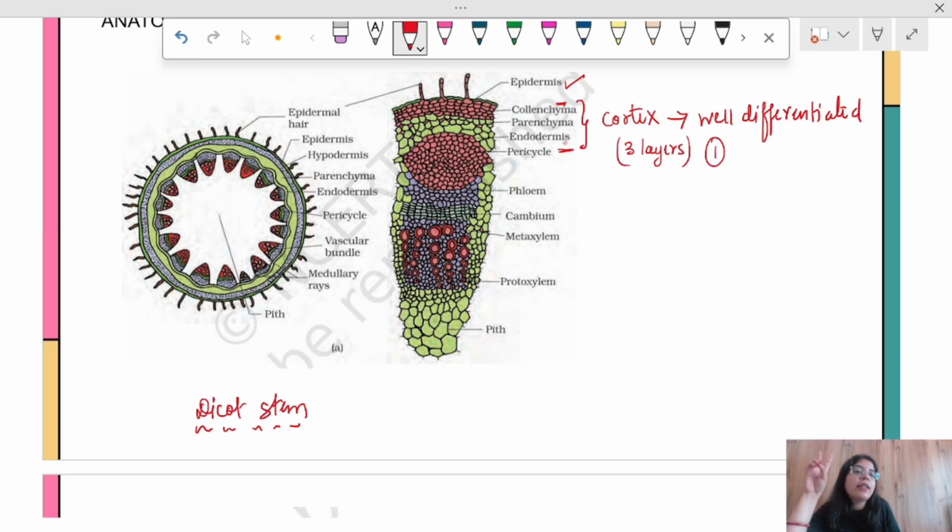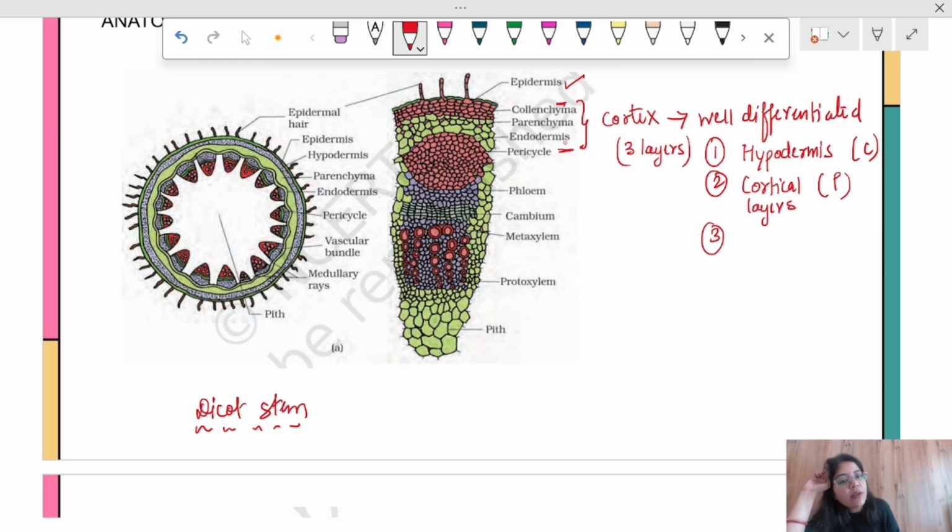The outermost layer is called hypodermis, and hypodermis is collenchymatous. Inner to it is the cortical layer. A few layers are there, and this layer is parenchymatous. A few intercellular spaces are also present here. And the last layer is endodermis, which is parenchymatous, but this endodermis is very special because it has deposition of starch grains.